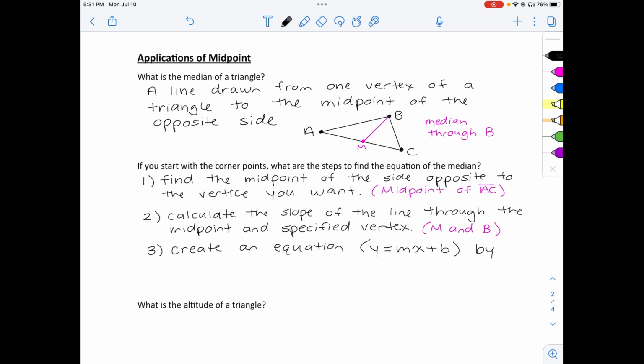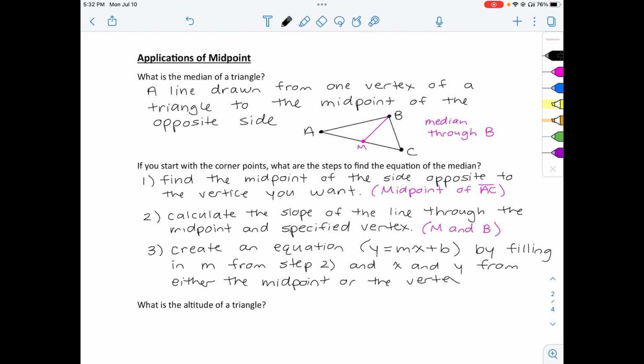So by filling in your slope, so your m value from step 2, and x and y from either the midpoint or the vertex. Okay, it doesn't matter which one.